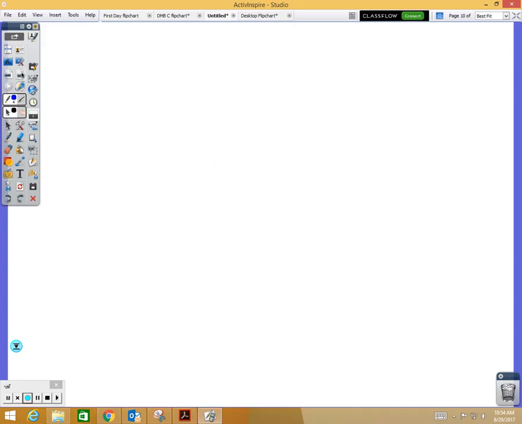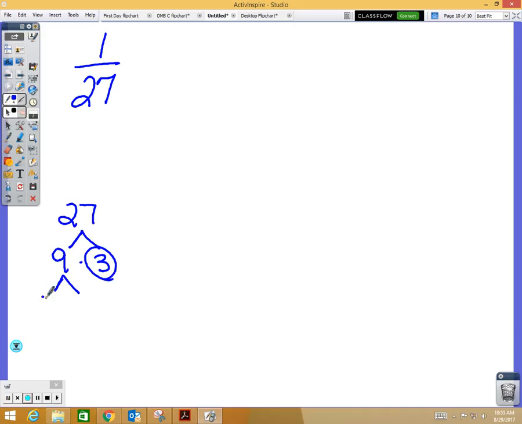What if we had 1 over 27? Will you figure out what the prime factorization of 27 is? The 9 is not prime. So the prime factorization of 27 is 3 to the 3rd power.